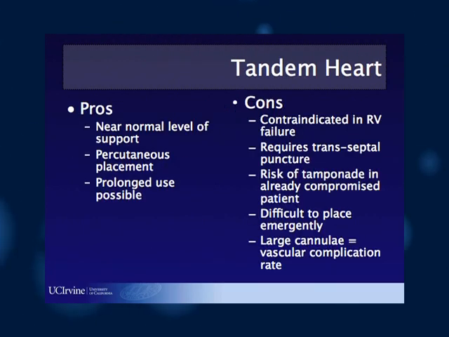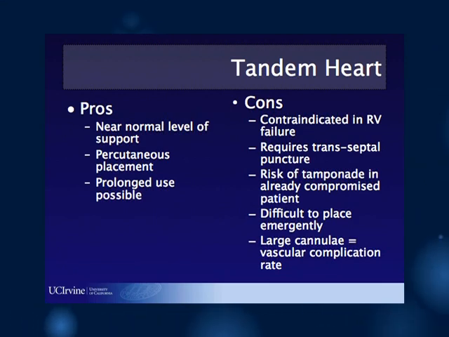The tandem heart has, again, advantages and disadvantages, which are listed here. In favor of the tandem heart is that it provides near normal level of cardiac support. It can be inserted percutaneously, and it is available for prolonged usage. The disadvantages of the tandem heart are that it is contraindicated in RV failure.